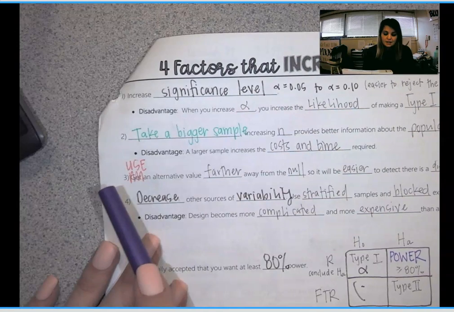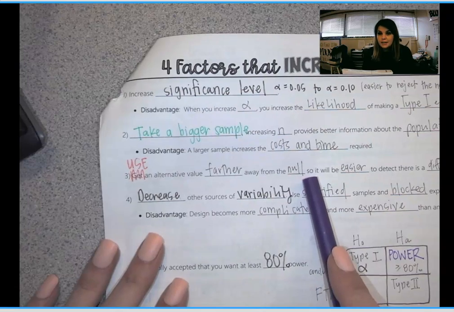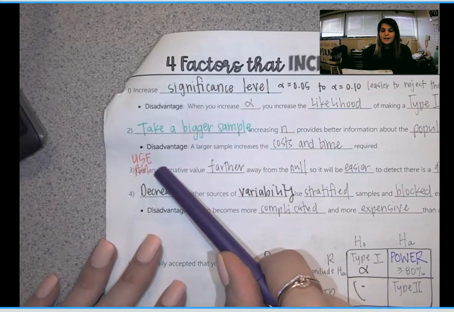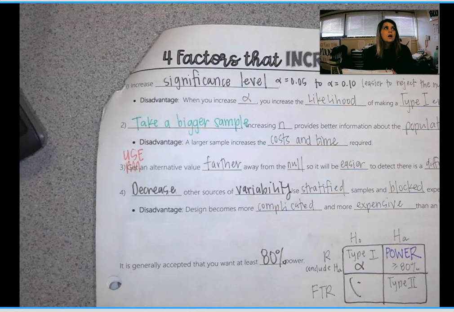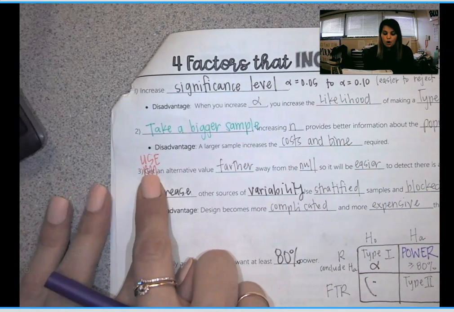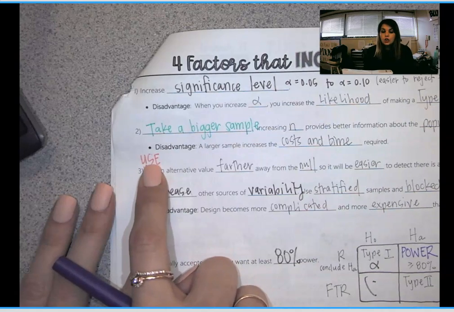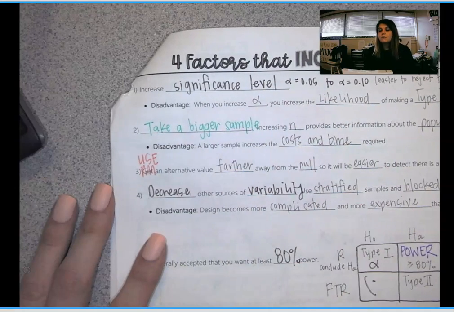The phrasing, get an alternative value farther away from the null, did not make sense to me, because the word get implies that you are controlling the value that you get from your sample. This is the wrong word to use. They should not be using the word get. So cross that out and write use instead. Use an alternative value farther from the null.